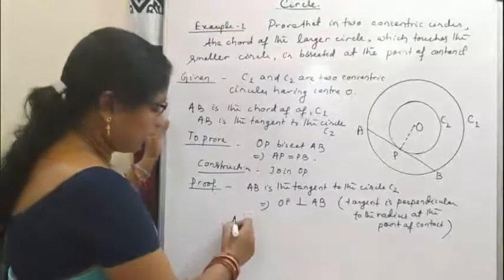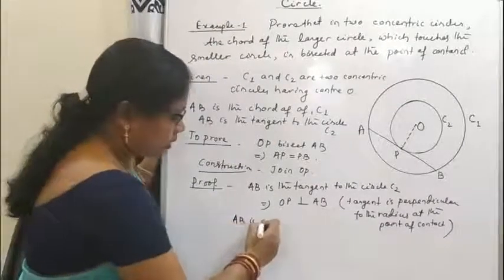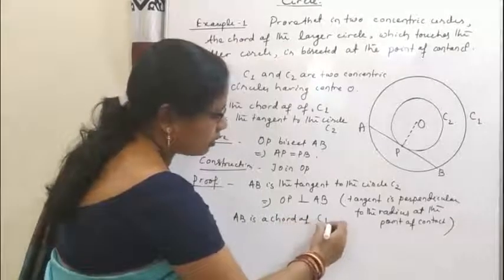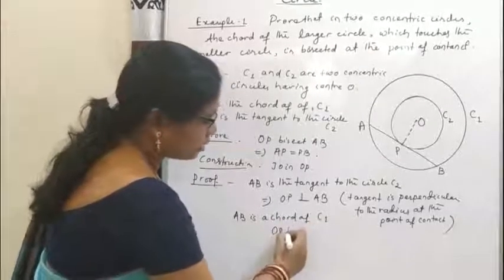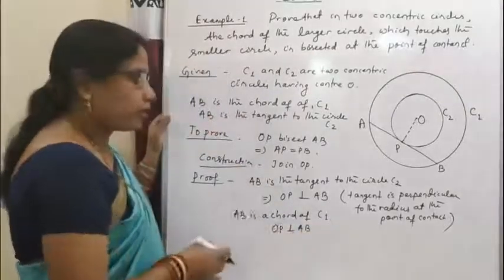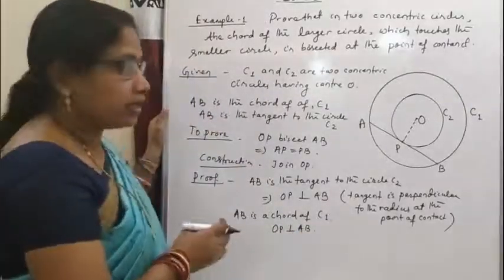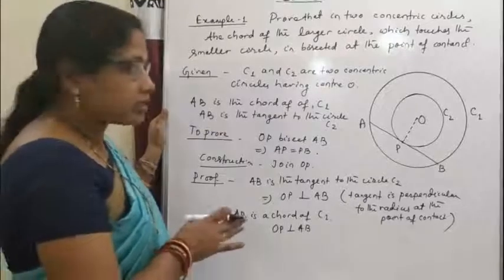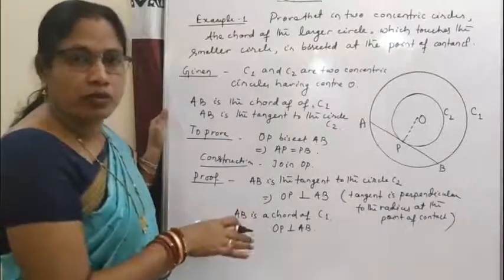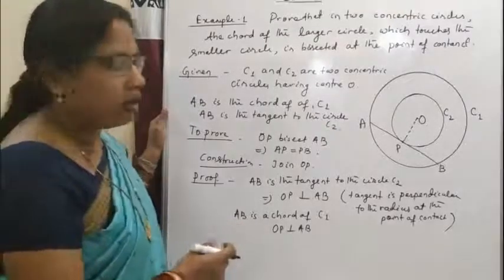Again, AB is a chord of C1 and OP is perpendicular to AB. We proved a theorem in class 9 that if a line segment is drawn from the center perpendicular to a chord, that will bisect the chord.